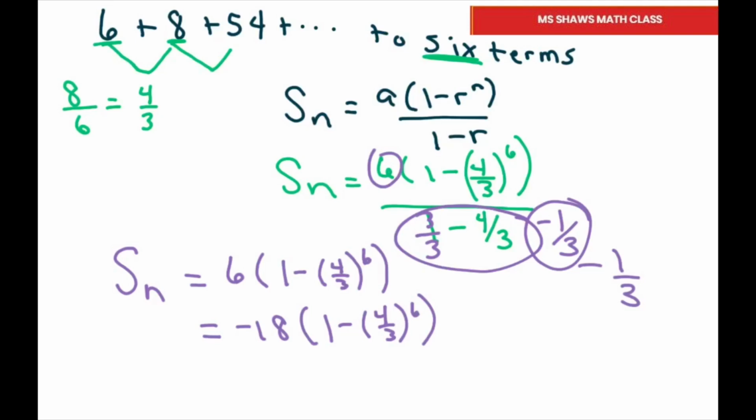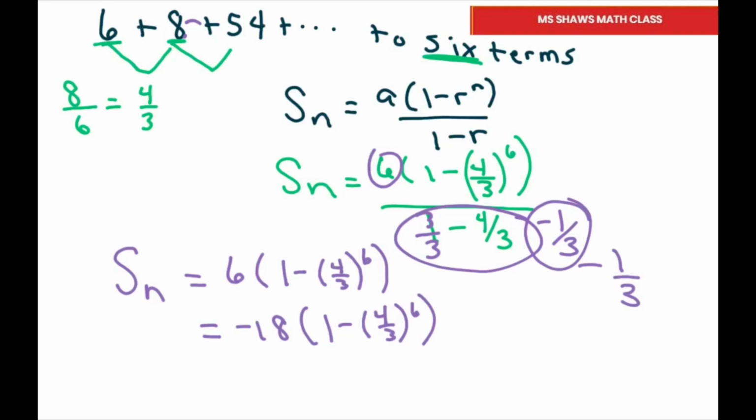So now we can put it in the calculator. You have negative 18, parentheses, 1 minus, parentheses, 4 divided by 3, close parentheses. Oops, I forgot my 3. All right, let's do this.